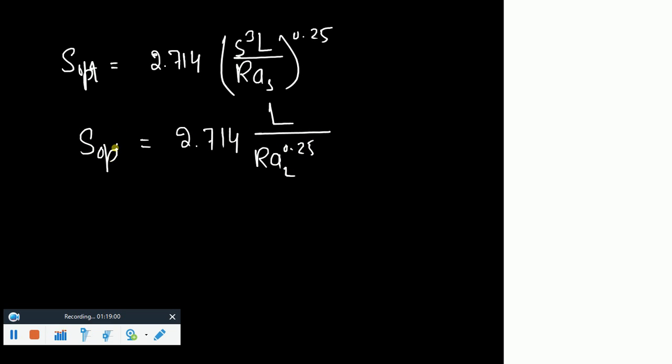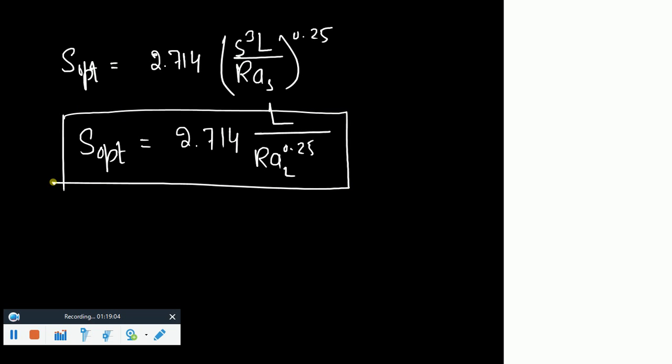So you should use this relationship. Optimum gap can be found by this relationship. If you are designing heat sinks for an application like PCBs in computers, you should use this relationship for the optimum gap.